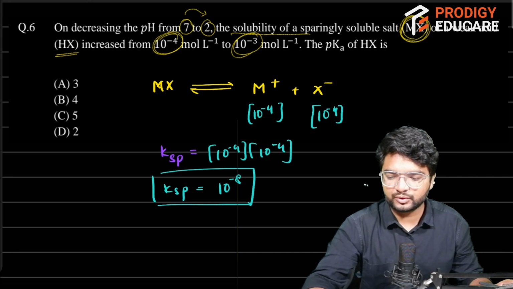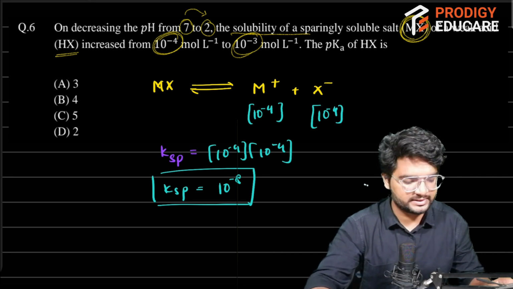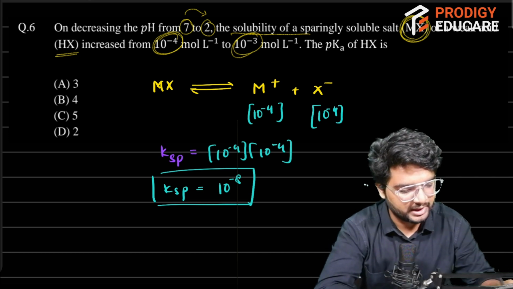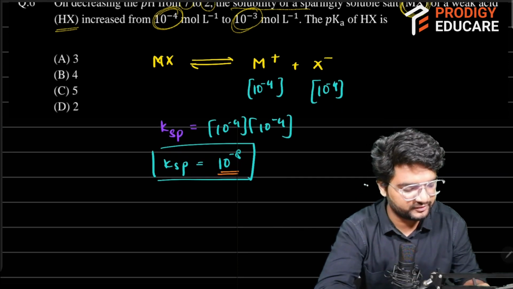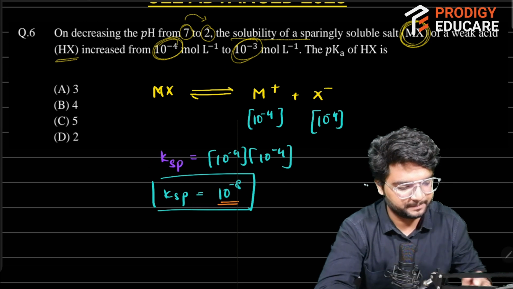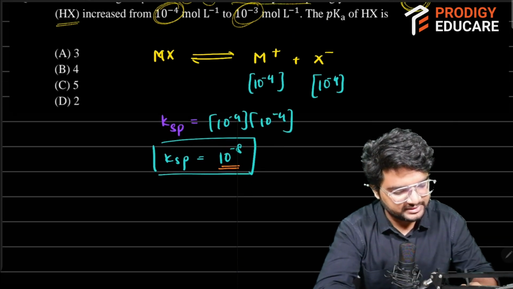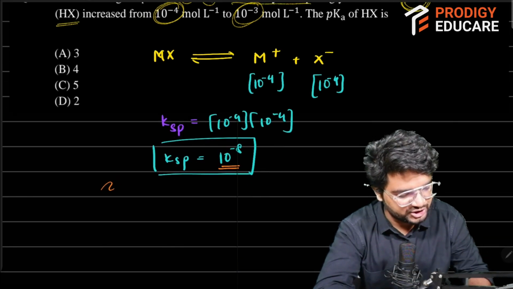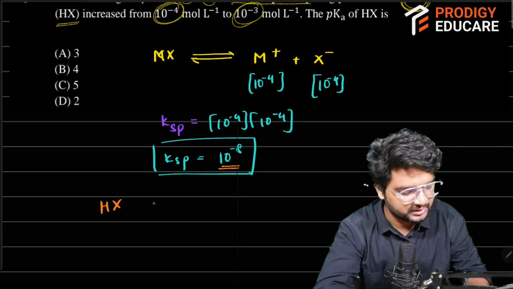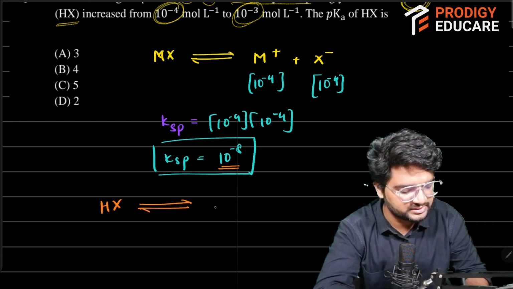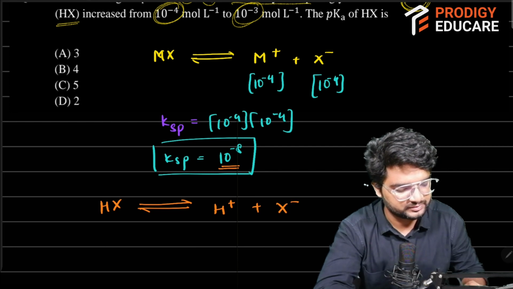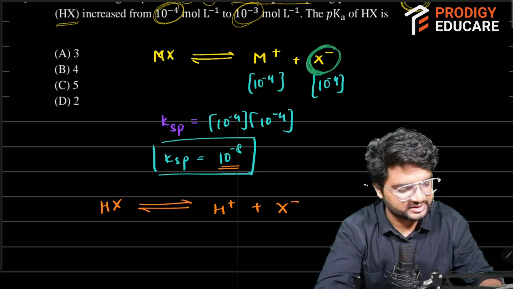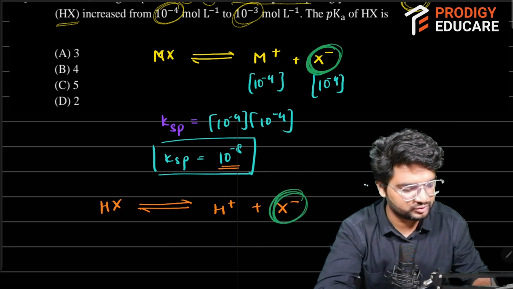Now remember this value of KSP. If we consider this weak acid HX, it will be dissociated as H plus and X minus. Now X minus is common in both.